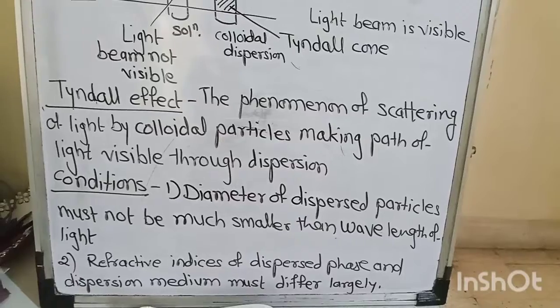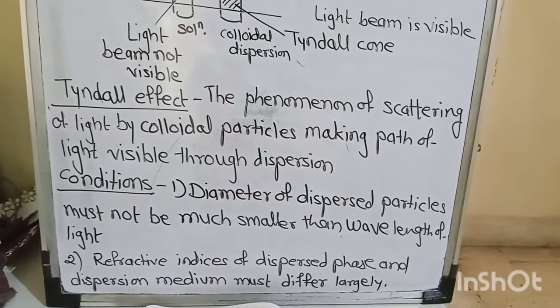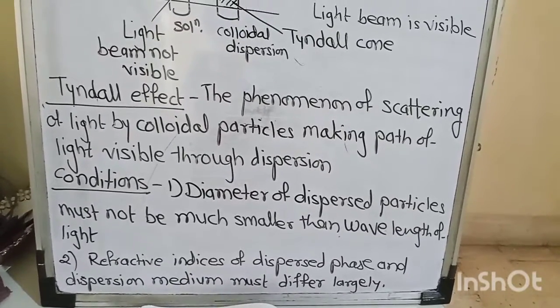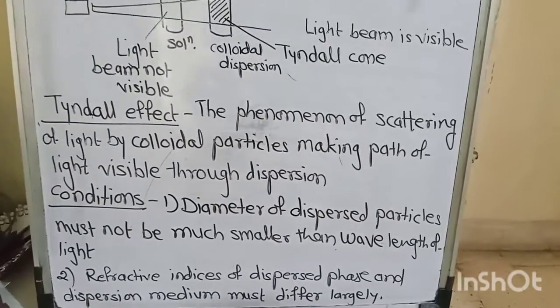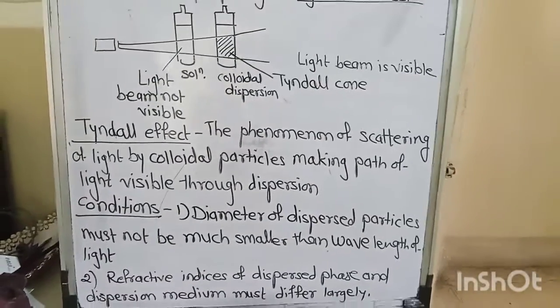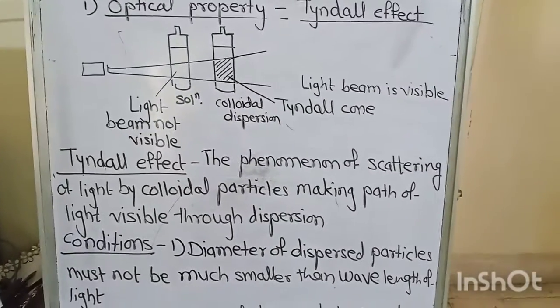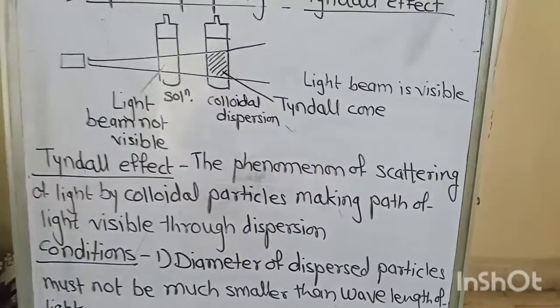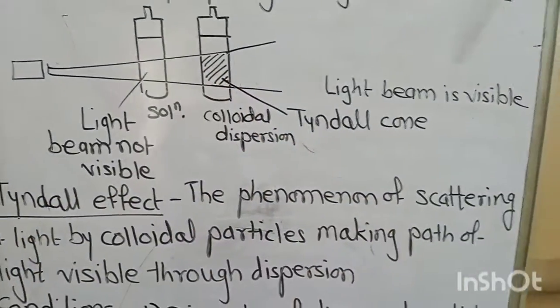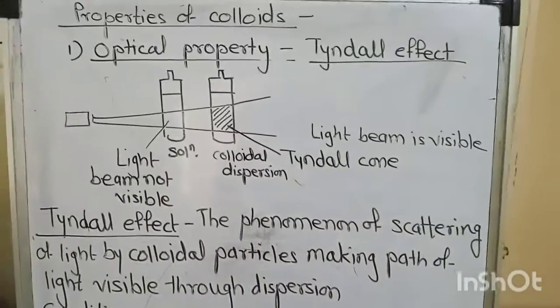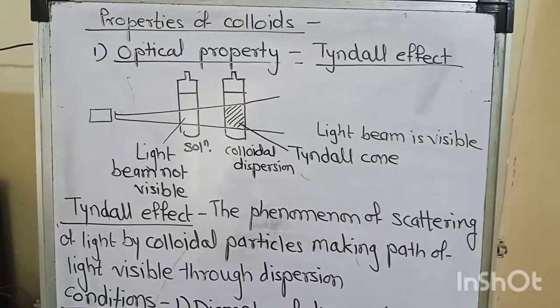And second condition is that the refractive indices of the dispersed phase and dispersion medium must differ largely. So these are the two conditions to observe the Tyndall effect. What is the Tyndall effect? This phenomenon of scattering of light by colloidal particles to make the path of light visible through the dispersion medium. This is the optical property of colloids.